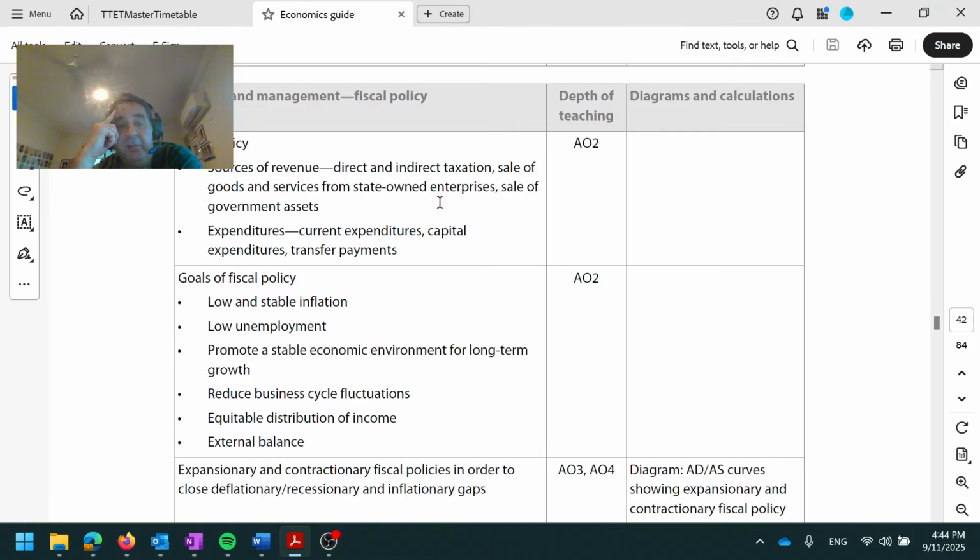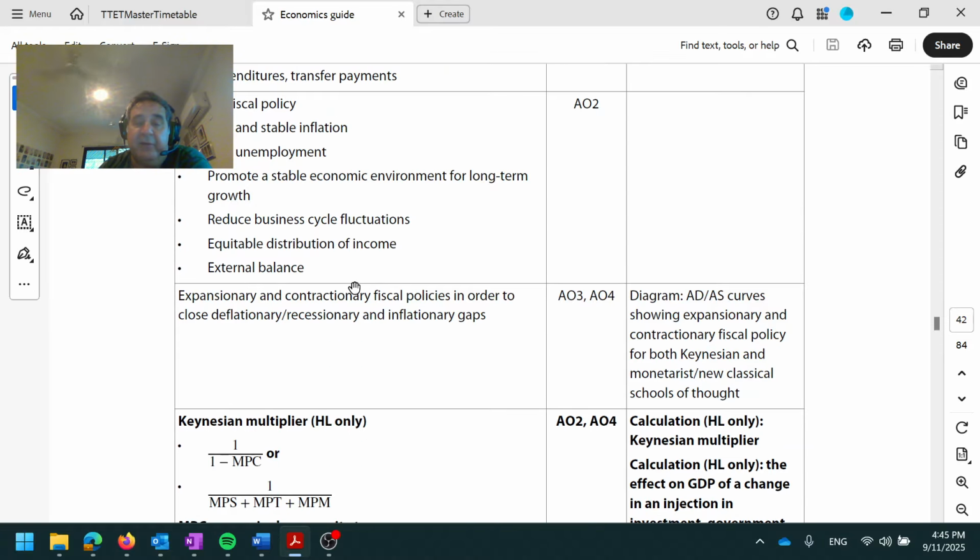The goals of fiscal policy are pretty similar to the goals of monetary policy, but they've got a little bit more potency in dealing with the equitable distribution of income, because we know monetary policy is a pretty blunt instrument, whereas fiscal policy can be targeted and you can really assist people who really need help.